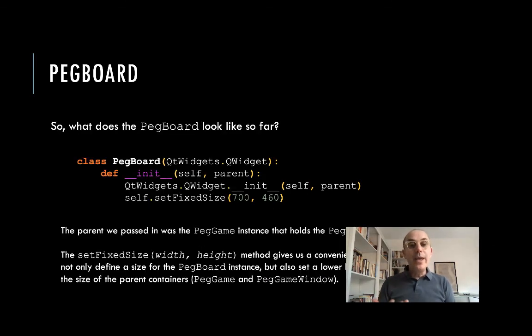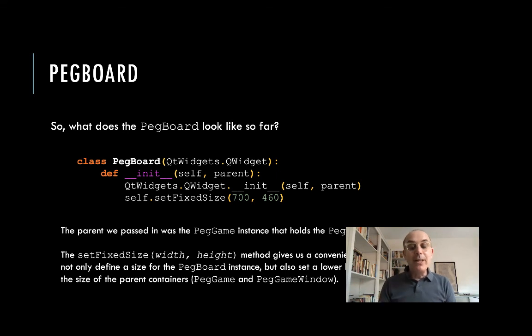So what does the pegboard look like so far? This is the dimension that we have laid out. We created a class and we are using QtWidgets and QWidget in order to do that. We define self and parent. We are defining QtWidgets self, parent, and we are trying to give some dimensions.